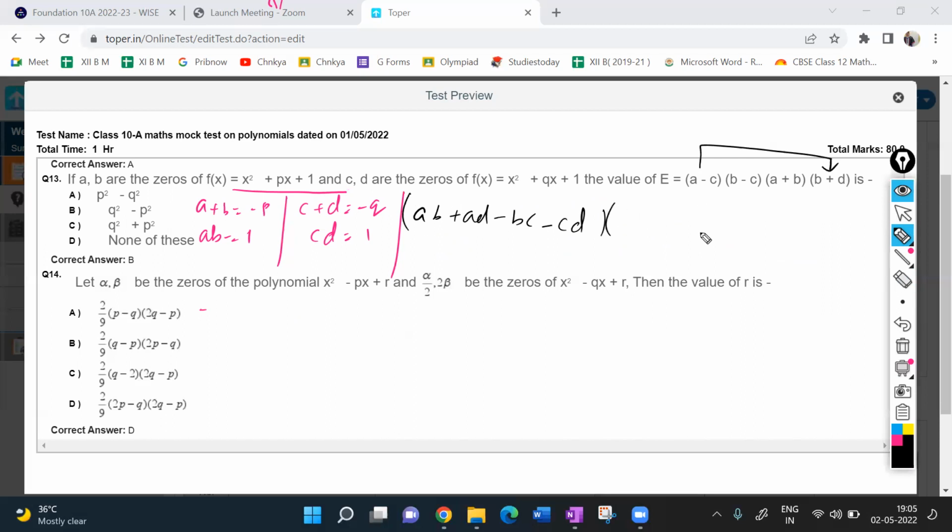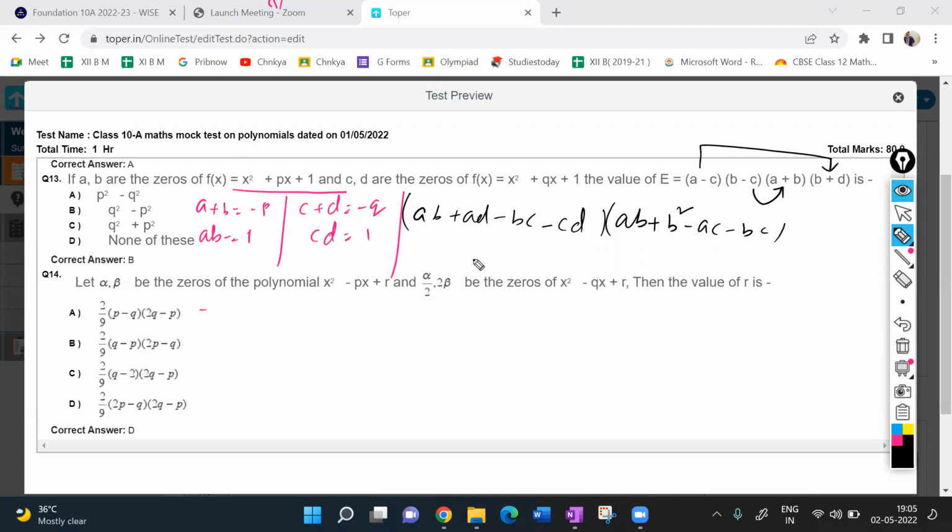We are not getting any squares, and that is a big advantage. If we get squares again, we'll get stuck. Sir, we are getting B square again here: AB minus AC minus BC. Okay, we can substitute the values directly.